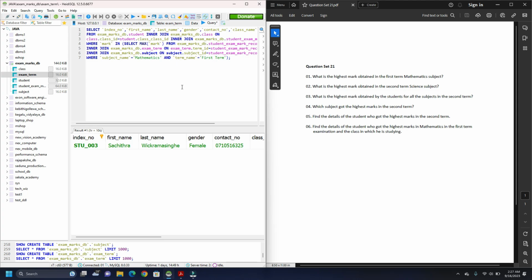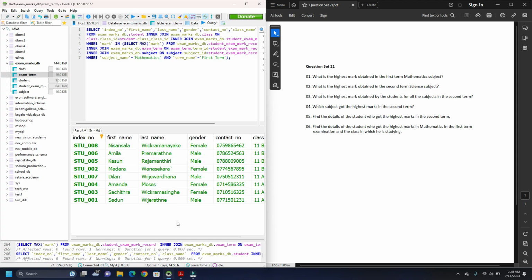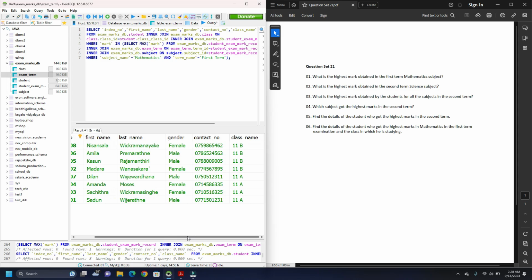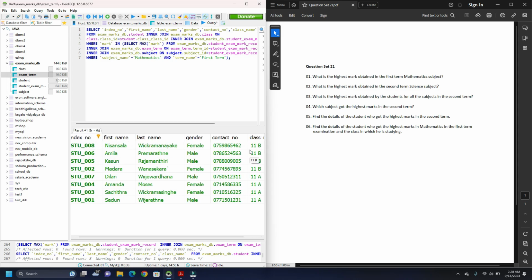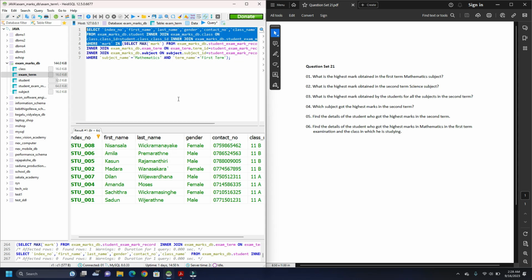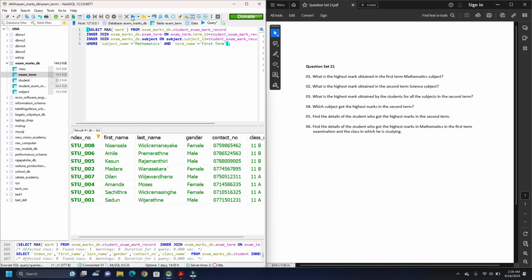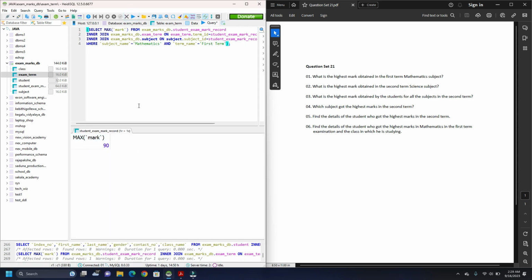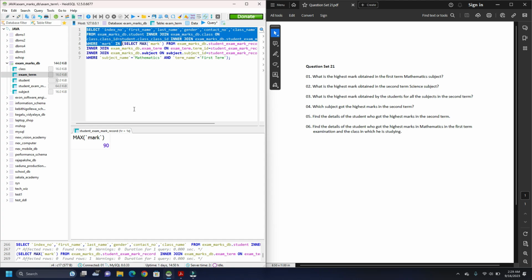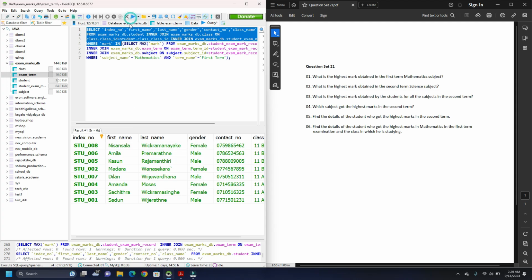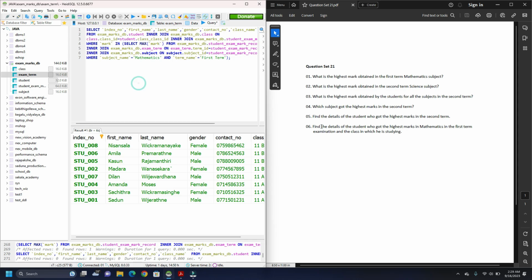And let's go ahead and execute the query, and there you go, we get all of the details of the students who got the highest mark in mathematics in the first term. So the highest mark for mathematics in the first term is 90. So here all of the students have scored 90 in mathematics in the first term examination.